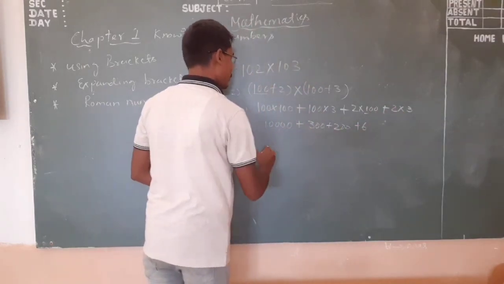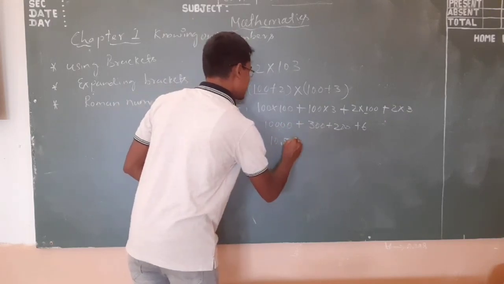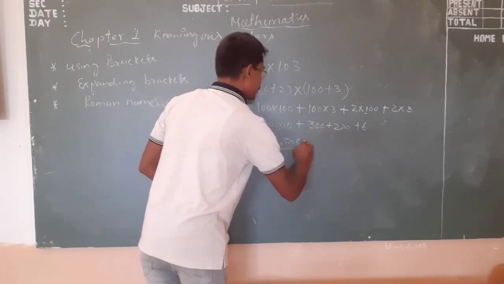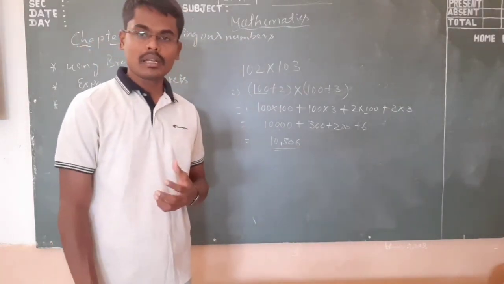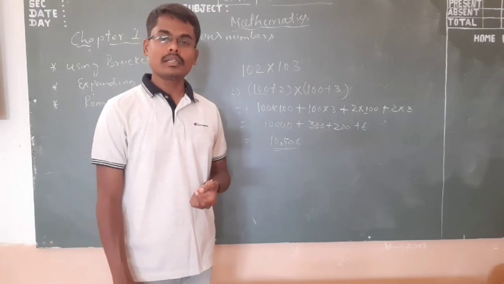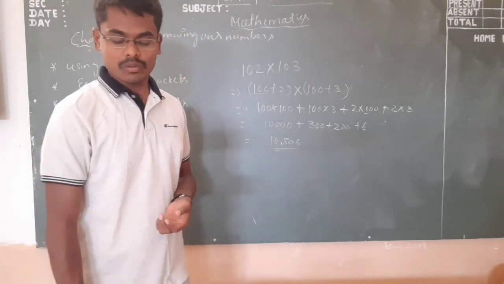Now the summation of these things, we will get 10,506. This is how we are going to expand the brackets. Then you can solve by considering some other examples also.